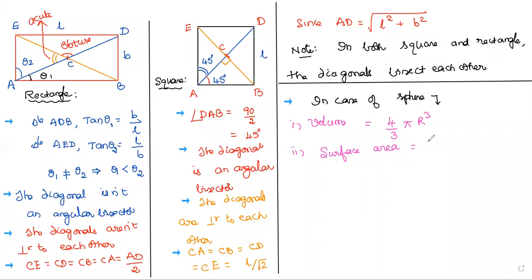Akhilesh again responded very quickly. Very good, Akhilesh. Keep it up. Redigaru, 4 pi r square. Now this time Gangi Shetty also responded. Yes, 4 pi r square. Very good. This is the surface area in case of a sphere.